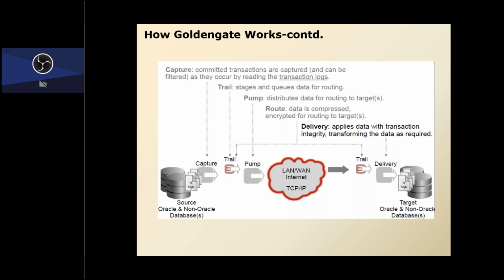Once the transactions are captured, it writes them to a trail file on the local machine, which is called the local trail file. Once the data becomes available in the local trail file, the data pump process reads the data out of your local trail, sends it over the TCP/IP network, and writes it to the remote trail on the target machine. Once the data becomes available in the remote trail, the Goldengate delivery process reads the data out of your remote trail and applies it to the target database.